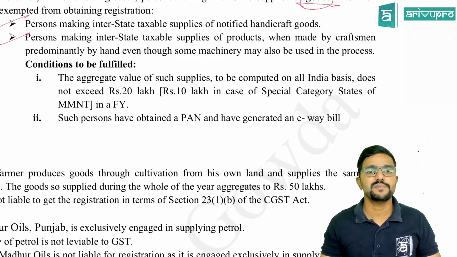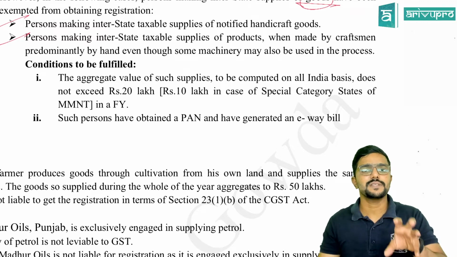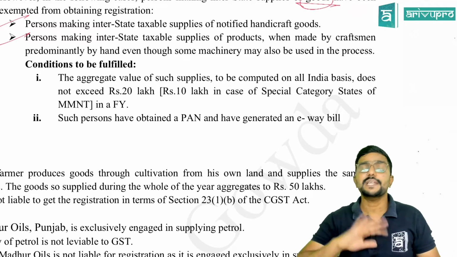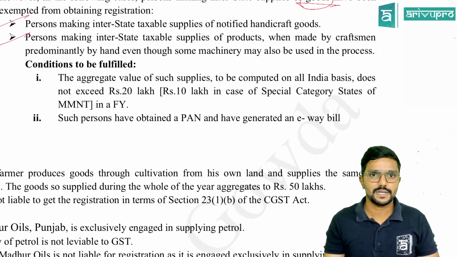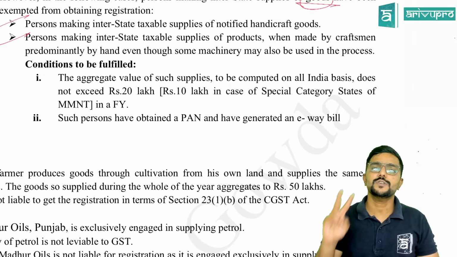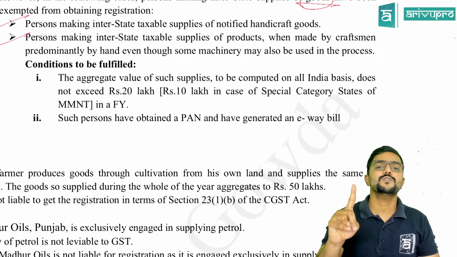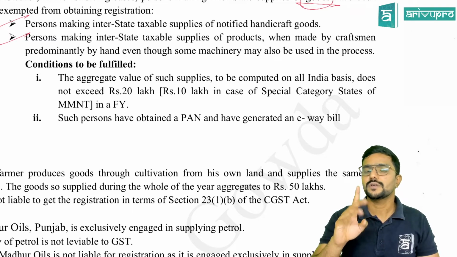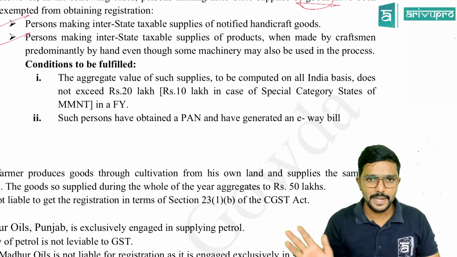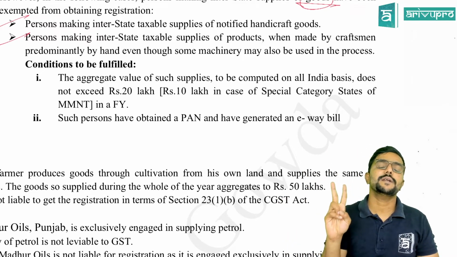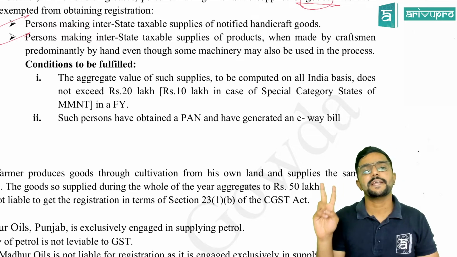Clear, guys? So please be careful. In this point, whatever is covered under section 23 is any services supplied outside the state, or in case of goods, only two goods. Handicraft goods, that too notified handicraft goods, and which are those goods and all, you need not worry. Then the goods which are made by the craftsman predominantly by hand.